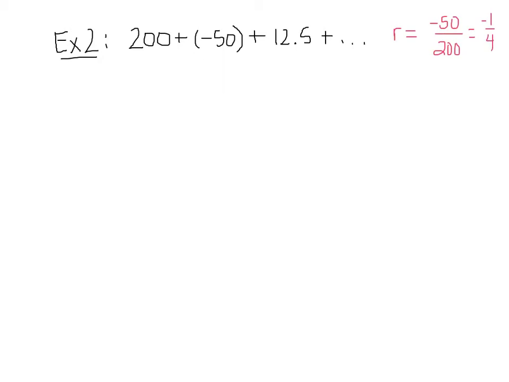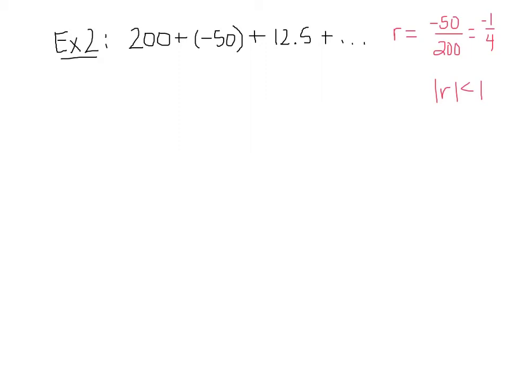Like I said before, it's the absolute value of r that has to be less than 1 for it to have a sum. The absolute value of -1/4 is 1/4, which is less than 1, so we can find the sum.